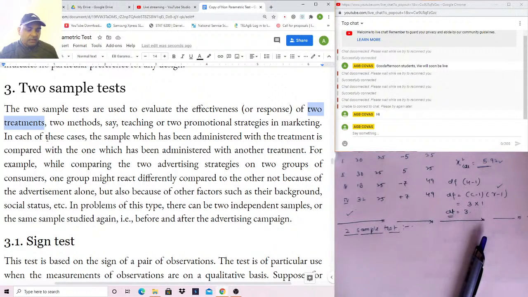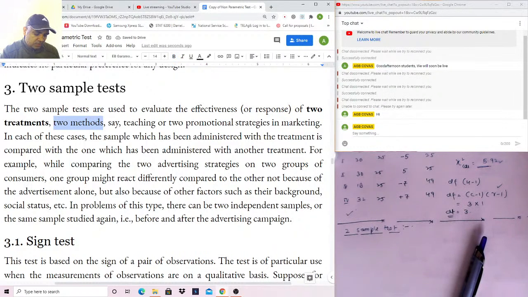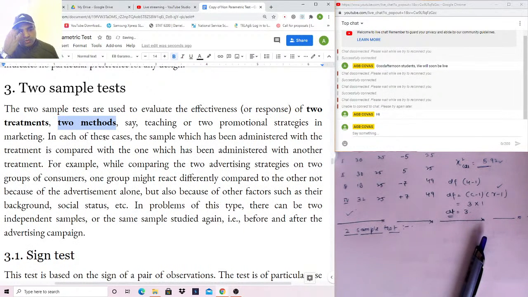Whether you will be testing two treatments, or two methods, or, for example, teaching or two promotional strategies in marketing, there will be two groups which have to be tested with the non-parametric test. In each of these cases, the sample which has been administered one treatment is compared with one which has been administered another treatment.